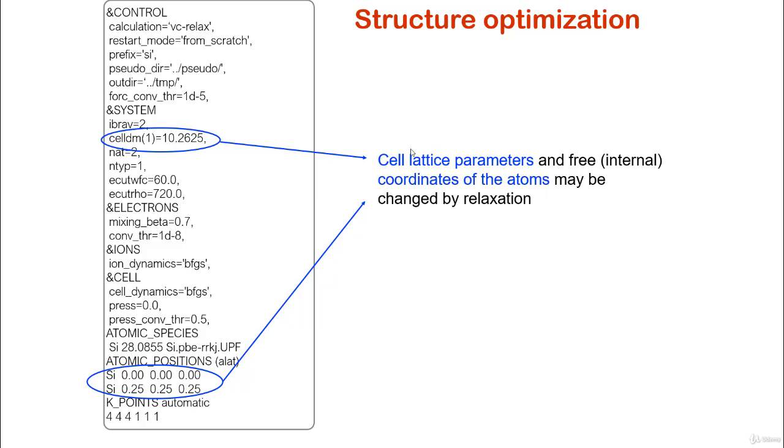In this case, cell lattice parameters and atomic coordinates may be changed by relaxation. The VC relax code runs several self-consistent fields to find the minimum of system total energy according to various lattice vectors and various atomic coordinates.